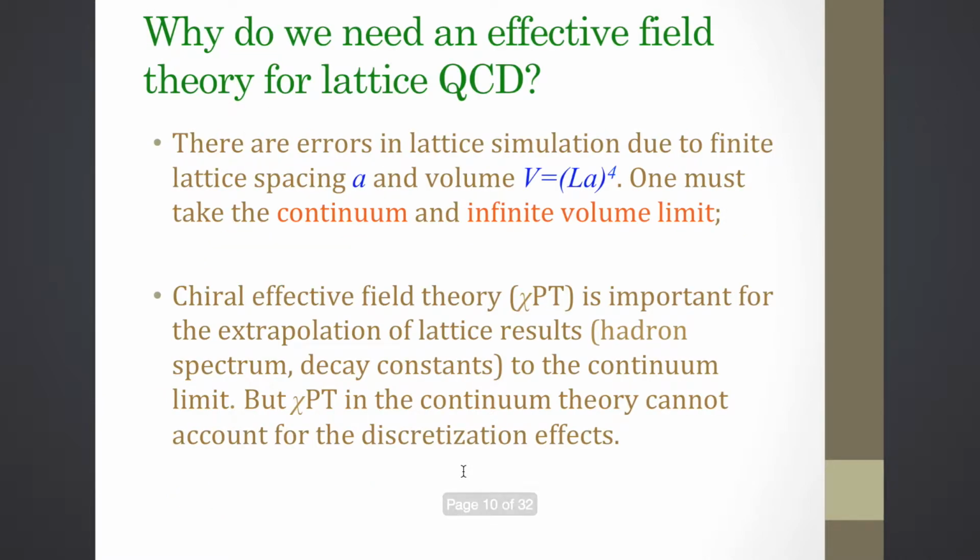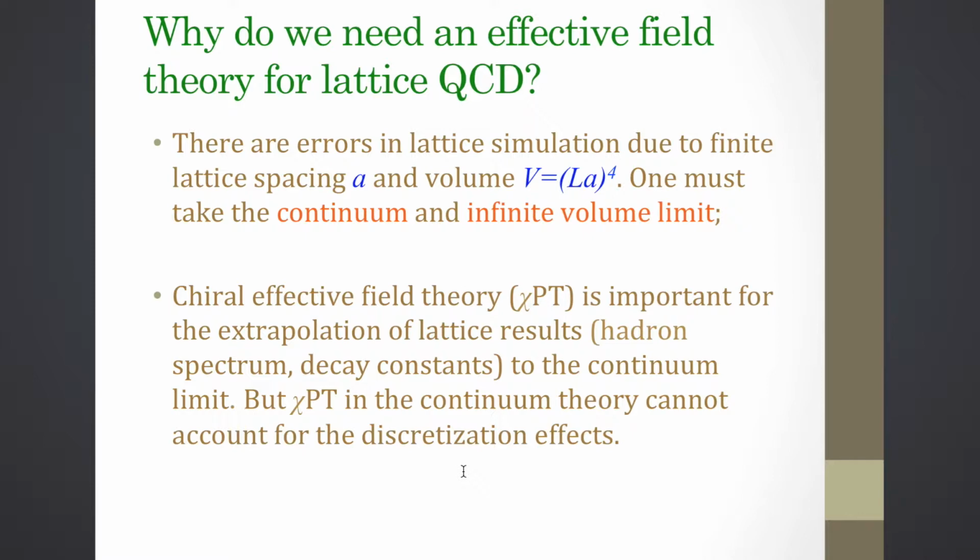But before we move on, I want you to know why we need an effective theory for lattice QCD. In practical lattice simulations, there are always errors generated by the finite lattice spacing and volume. Therefore, to get the physical result, we have to take the continuum and infinite volume limit.